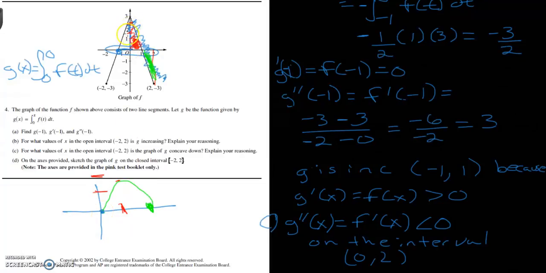When we go backwards, we already found this part. We know that part's negative 1.5, so it's over here. And then this part would be positive 1.5 because it's canceling each other out. And you would get a graph that looks like this, more or less.